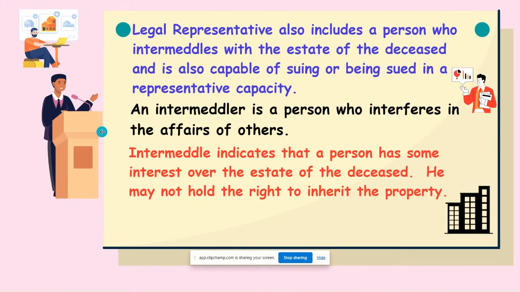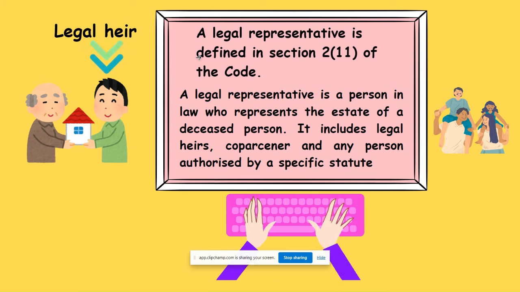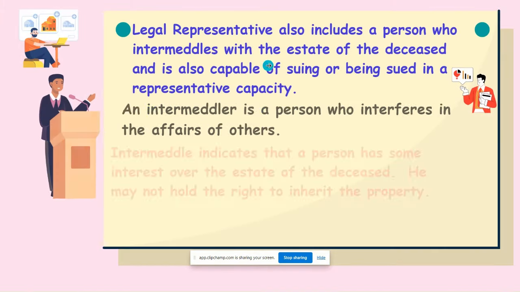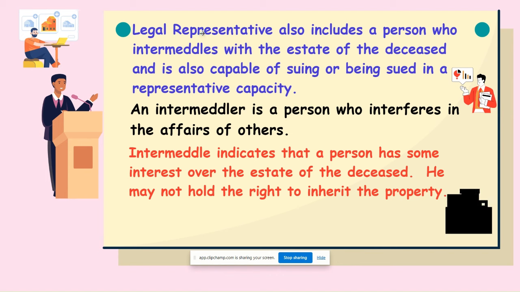Now we see further information about that. Legal representative also includes a person; that is the second part. The first part is that a legal representative is a person in law who represents the estate of a deceased person, and legal heirs and co-partners are included in this. In the second part, this person is not a legal heir, but a legal representative also includes a person who intermeddles with the estate of the deceased and is also capable of suing and being sued in a representative capacity.